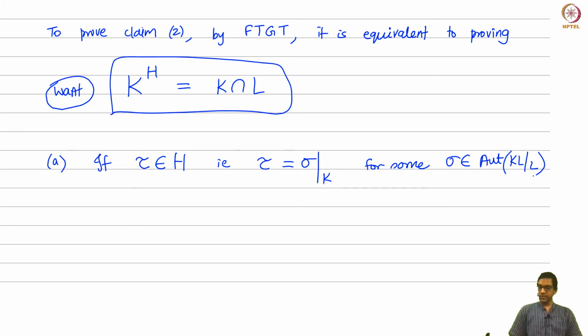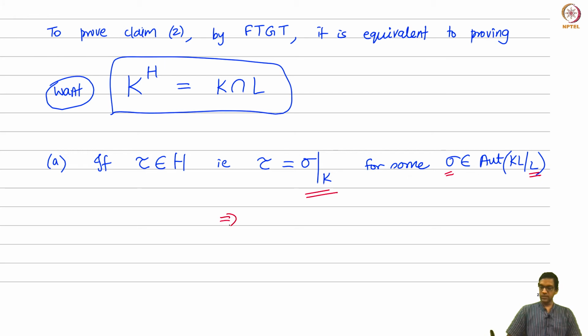So what does this mean? Tau is sigma restricted to K. Now sigma here fixes all elements of L, so sigma fixes L pointwise. So the restriction of sigma to K will fix K intersection L pointwise.